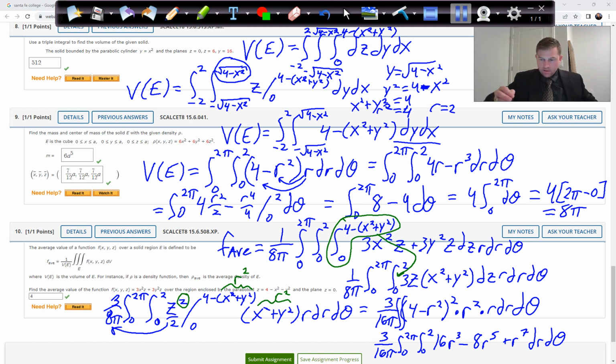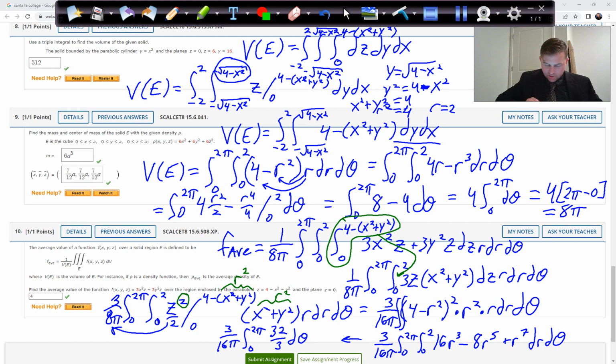Okay, and believe it or not, when you take the antiderivative of this and get r to the 4th over 4 and r to the 6th over 6 and r to the 8th over 8, and you plug in from 0 to 2, this whole thing is going to simplify to simply 3 over 16 pi, 0 to 2 pi of a constant, 32 over 3.